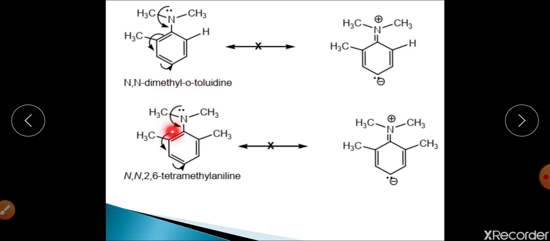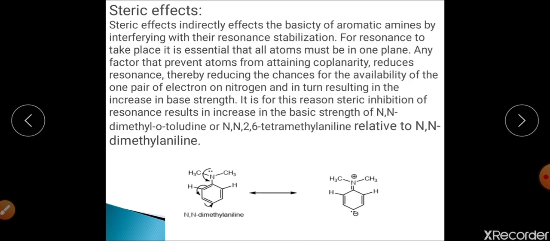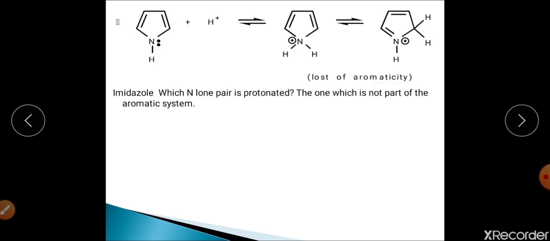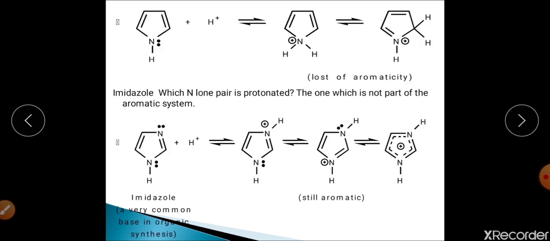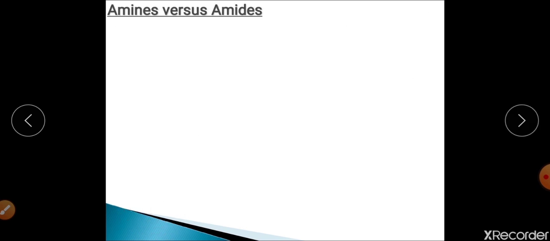But here this lone pair is not easily delocalized because of the steric inhibition of the resonance, and because of that reason it can be easily available for protonation, and it will make it more basic as compared to the previous one, right? So this is another factor that contributes towards the basicity of the aromatic amines.